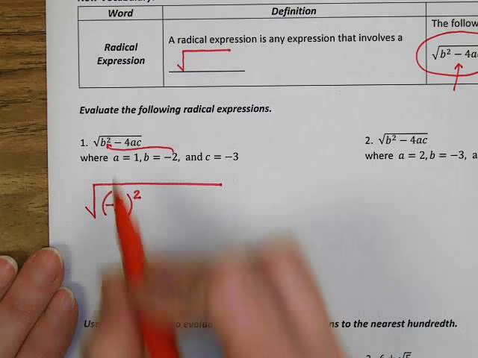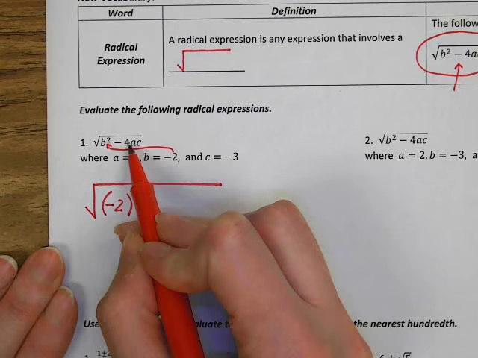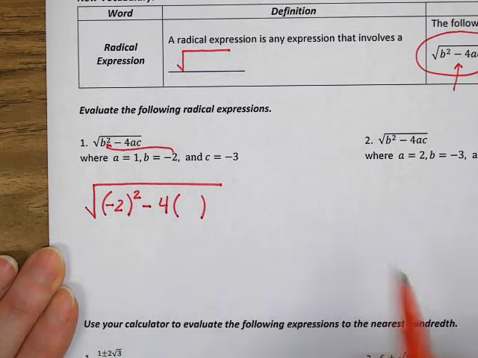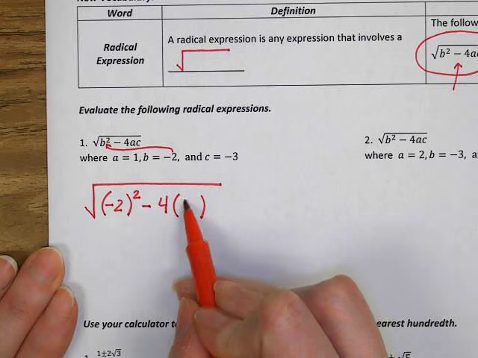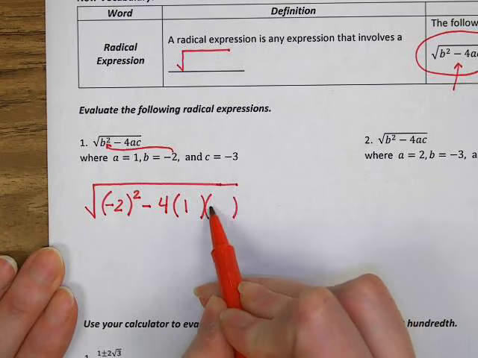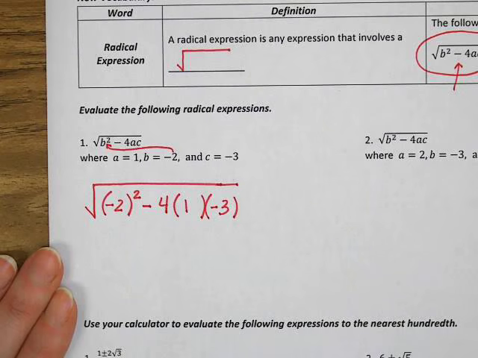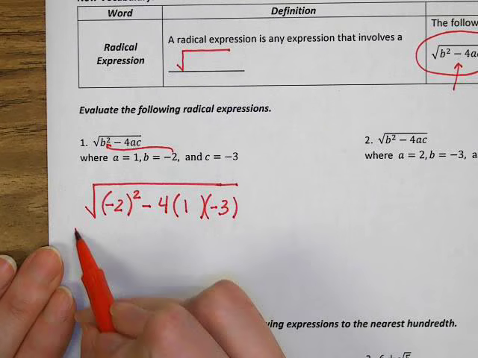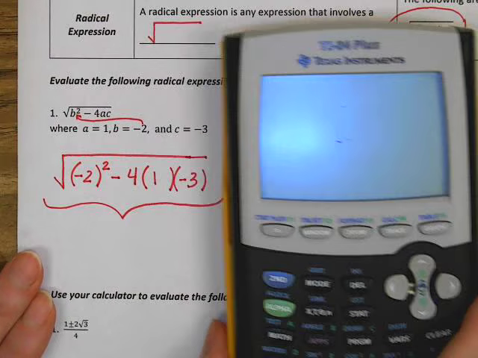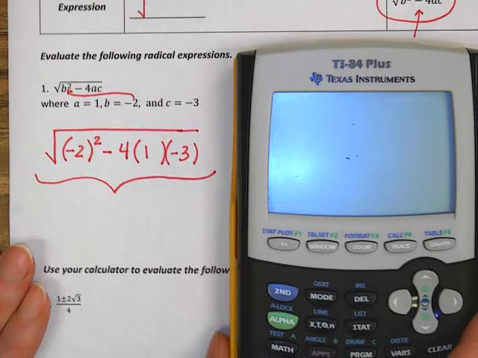Okay, b squared minus 4 times a is 1, times c is -3. So let's see if you guys can all type this in the calculator and see if we get the same answer. And please actually practice this with your calculator.